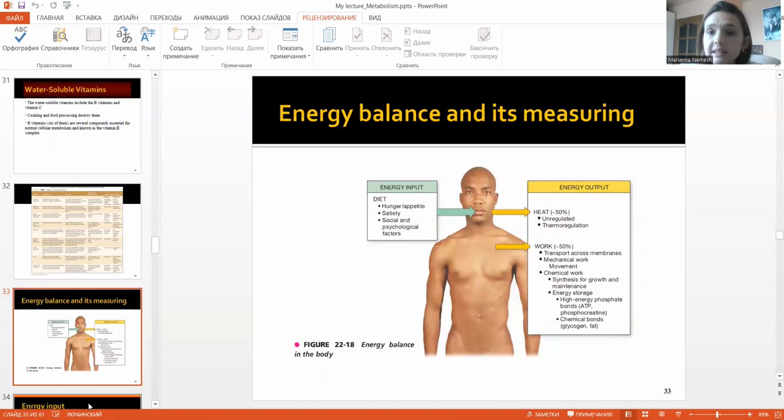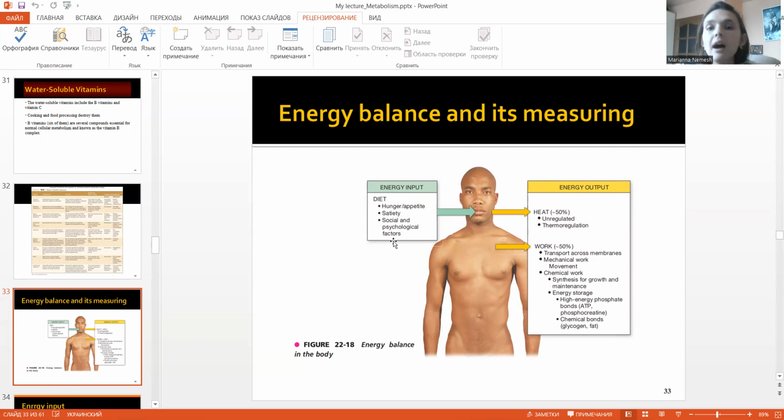So, energy balance and its measurement. Generally, when we talk about energy balance, it should be equal between the energy in food, mainly what kind of food and how much food a person takes in, and energy output.